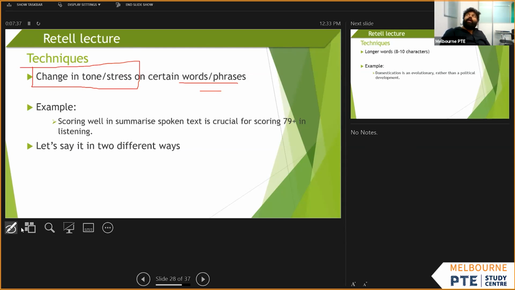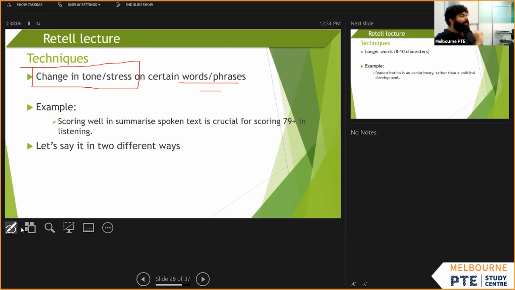Okay. What basically it is saying is that in your audio, if you notice that the speaker is emphasizing any word or phrase, or when he was about to say any particular word or phrase, all of a sudden he changed the loudness of his voice, like he started to speak a bit louder, that will be your cue that that one word or one phrase is very important.